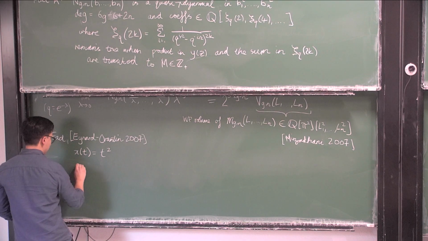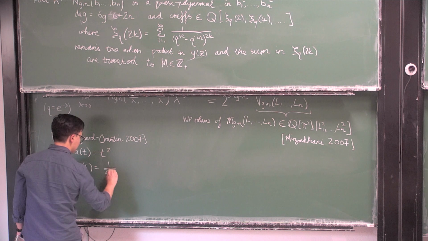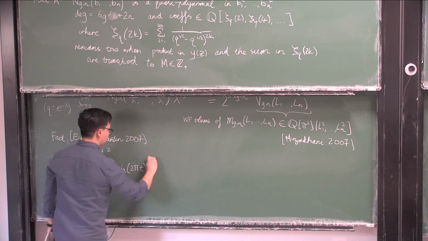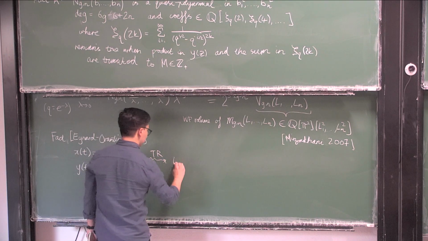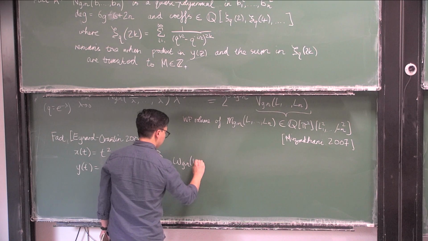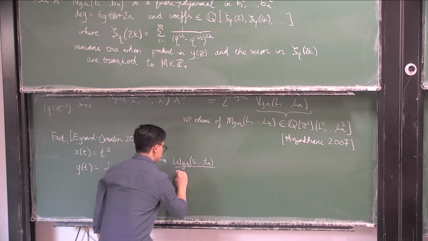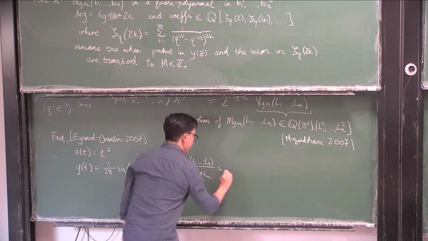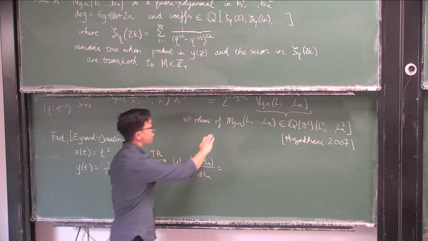This t squared, and then y of t we take to be 1 over 2 pi sine 2 pi t. And then you run your topological recursion, then we get these multi-differentials. I'm going to just remove the differential part for now. And these are essentially the Laplace transform of these Weil-Petersson volumes.